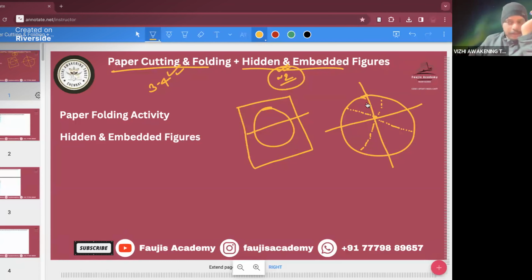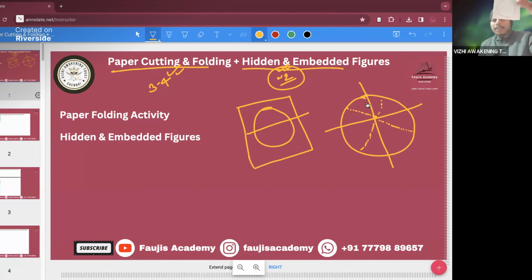So, guys, let me do it over here. I'll do it for you. Relax, guys, we are studying reasoning only. Done. So this is your small piece of paper, and in that I have drawn a circle.